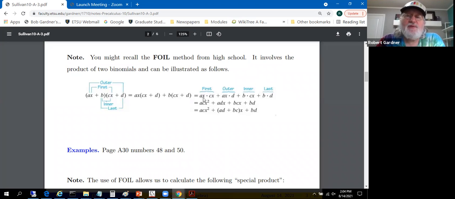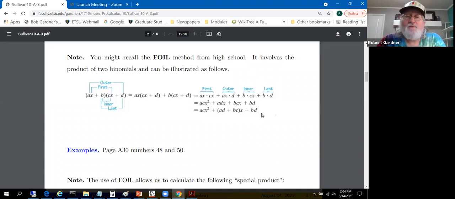But that gives us acx squared, collecting the x's together. Here we've got adx, moving the x to the right. Here we've got bcx, moving the x to the right. Just got bd there. We could go one step further and factor the x out of this center term to get an x squared term, an x term, and a constant term.